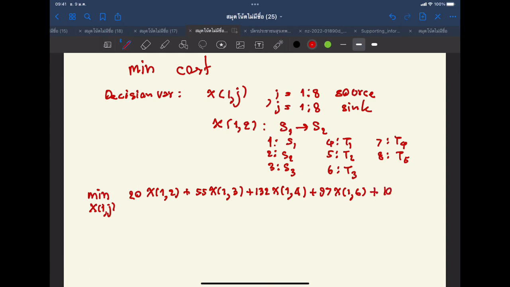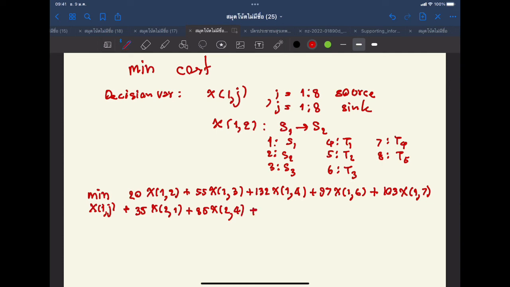And 103 is the cost for shipment from S1 to T4. Okay, so we have to write all the costs, right? The next line is the cost for shipment from x21, like that. And 85 is the cost for shipment from S2 to T1. T1 is 4.